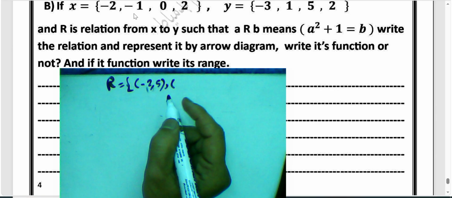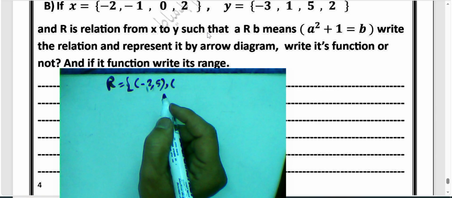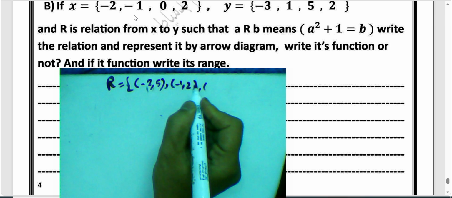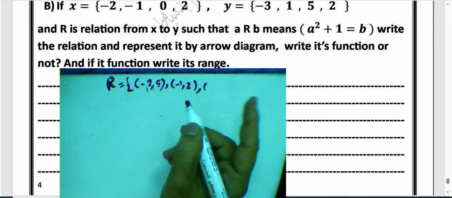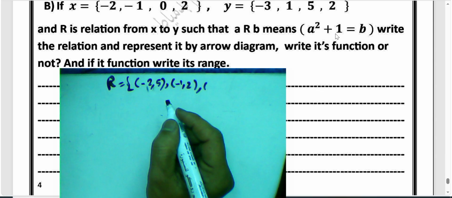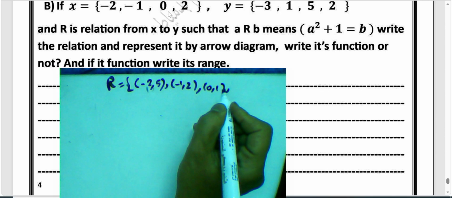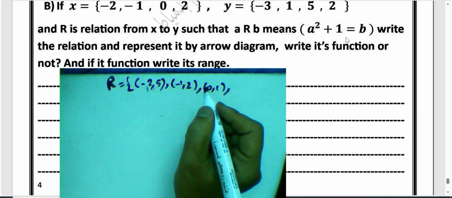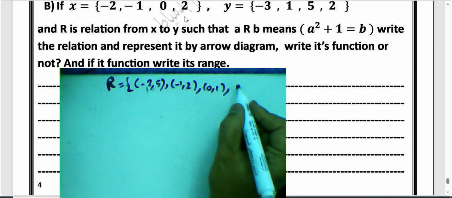Put negative 1 here, negative 1 power 2 is 1, 1 plus 1 is 2. Then we have negative 1 and 2. With the value of x equals 0, 0 power 2 is 0, 0 plus 1 is 1, and 0 and 1. With the value of x equal 2, 2 power 2 is 4, 4 plus 1 is 5. The image of 2 is 5.